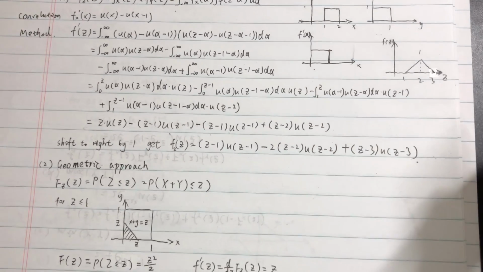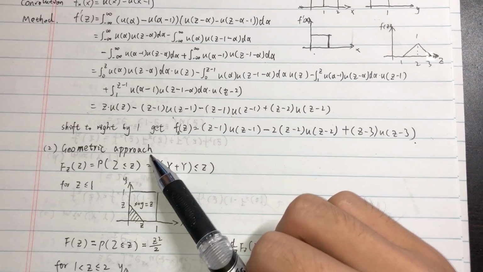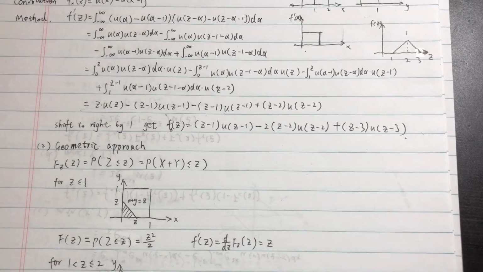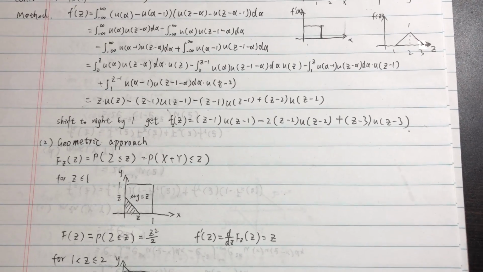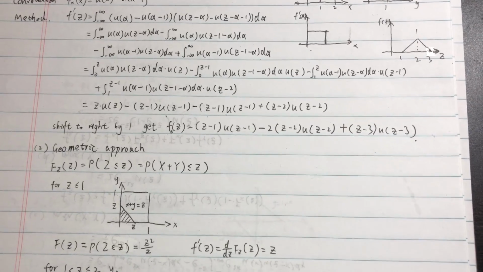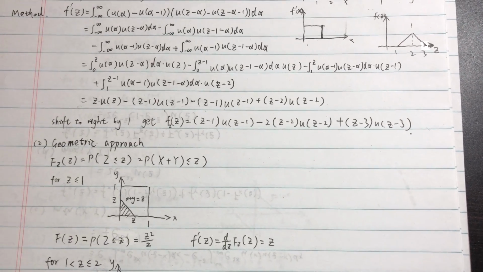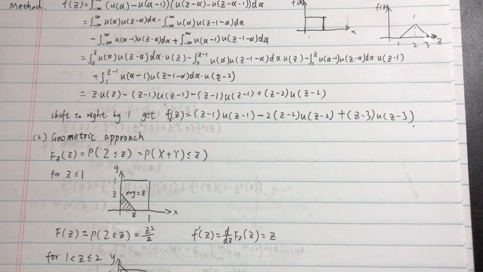The second method is a geometric approach. In order to calculate the density function of z, we can find the distribution function of z by the geometric method.